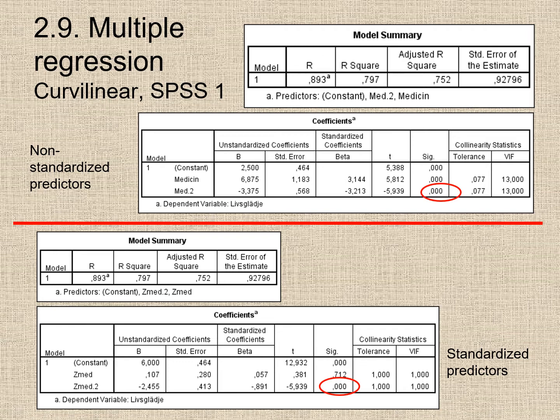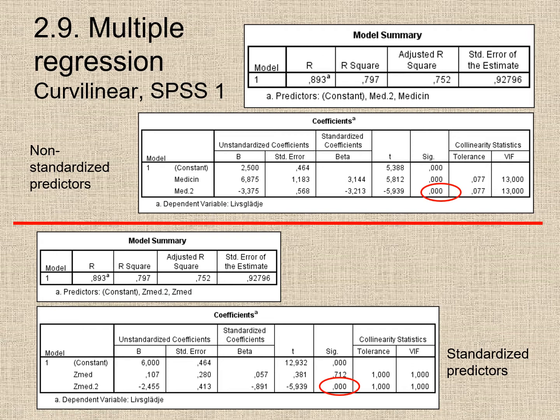Can we assume that there is a curvilinear association between medication and life satisfaction? Yes. Why? From what value do we draw that conclusion? The p-value for the squared term here is significant, and it's exactly as significant here. So the two models indicate the same thing.